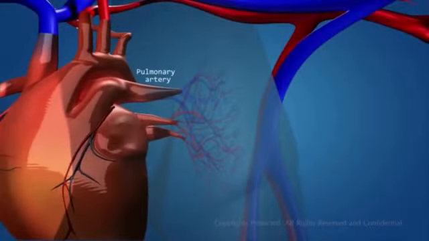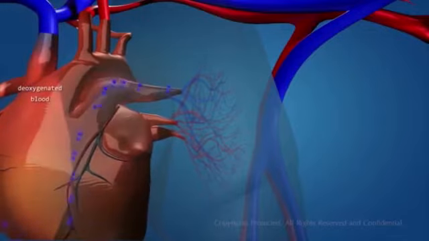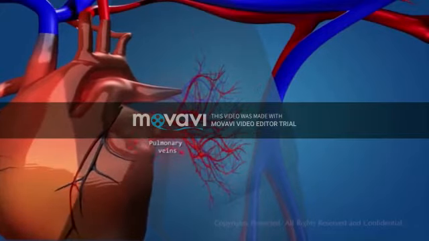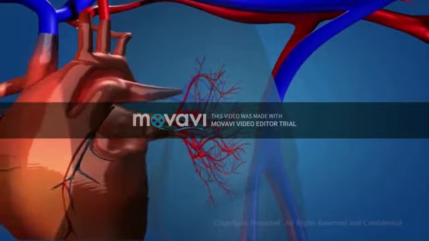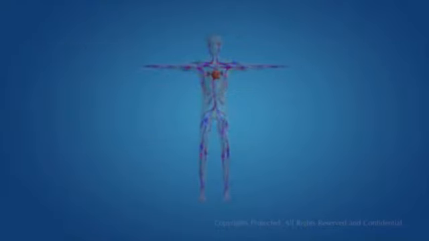The pulmonary artery carries the deoxygenated blood to the lungs for oxygenation. The lungs oxygenate the blood by exchange of gases, and it flows back into the heart through the pulmonary vein, and starts the circulatory cycle all over again.